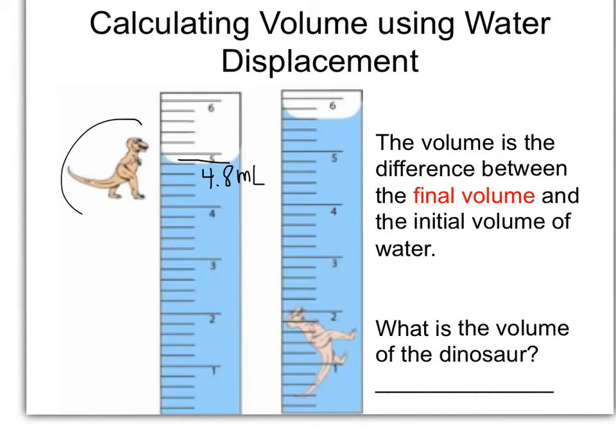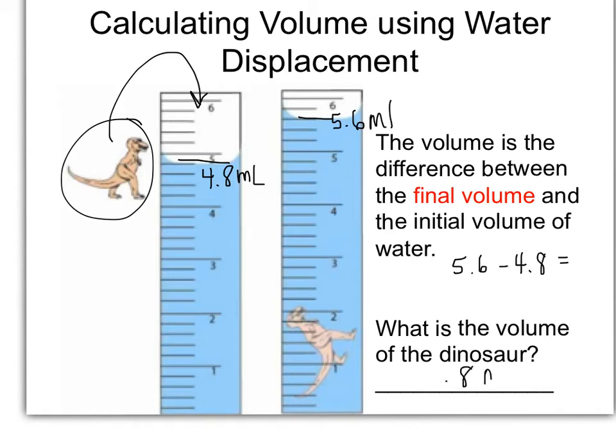If I take that dinosaur and I drop it in the graduated cylinder, it will take up some of the space of the water in that graduated cylinder, and it will cause the water to displace to a volume of 5.6 milliliters. If I subtract the difference, I will get a volume of 0.8 milliliters. So we would say that the volume of the dinosaur is 0.8 milliliters.